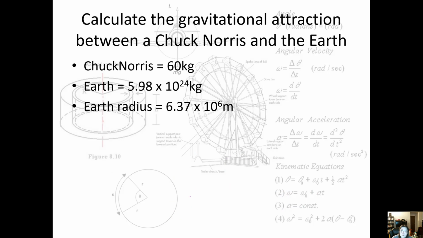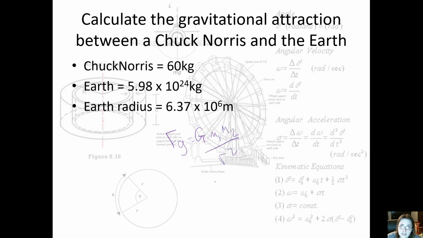Okay, so we can calculate the gravitational attraction between Chuck Norris and the Earth. So this is just going to be Fg is equal to big G times the mass of one times the mass of the other divided by r squared.